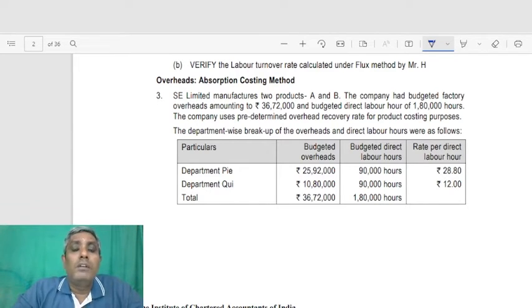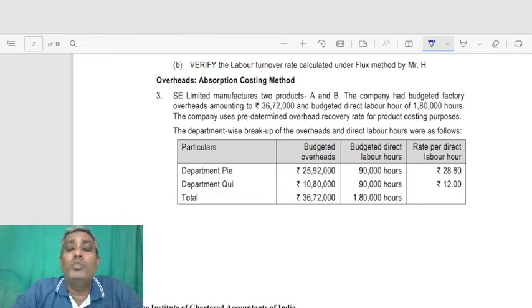And also we have learned in this lesson about the under absorption and over absorption of overheads. So how do we treat these? The under-absorbed overheads are dealt with by finding a supplementary rate. And after finding the supplementary rate, we will distribute these costs among cost of sales, finished goods and work in progress.